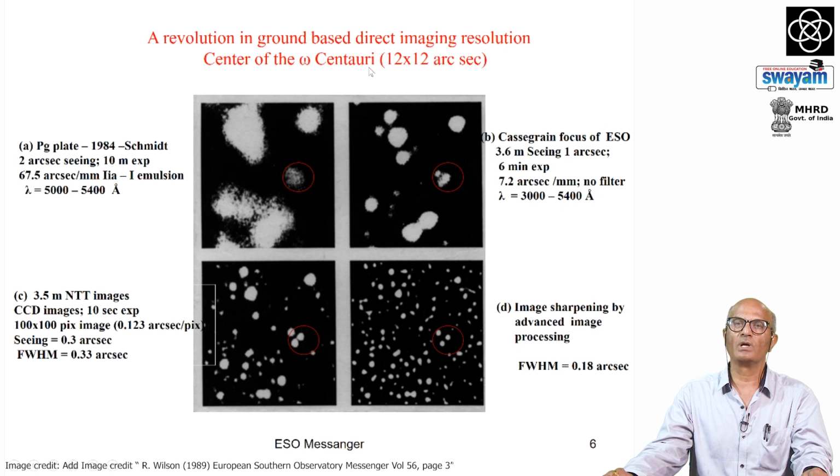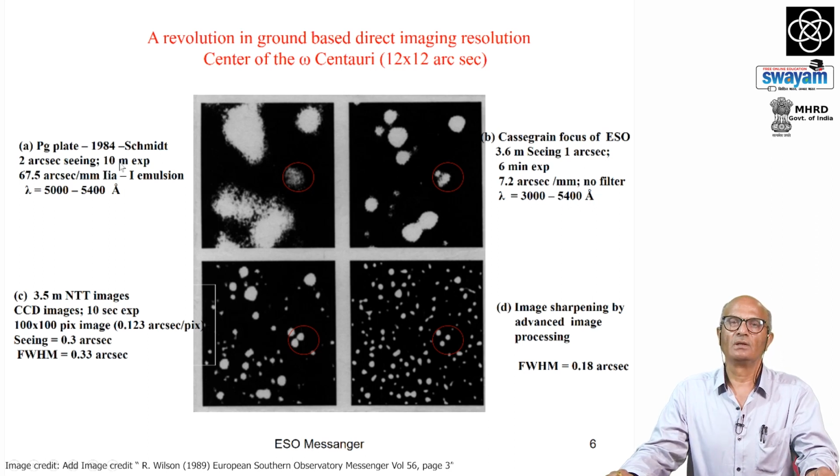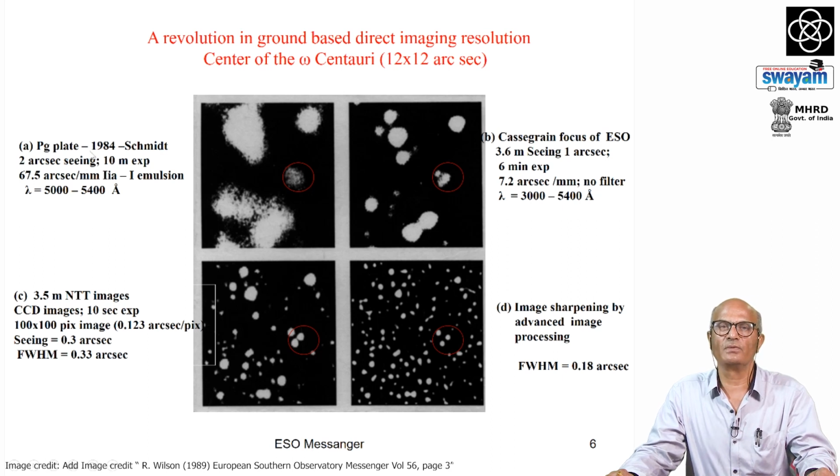As you know, Omega Centauri is a well known globular cluster in the southern hemisphere. The first image, A, was taken with the CIMMYT telescope, where the seeing, or in other words the resolution, was very poor.